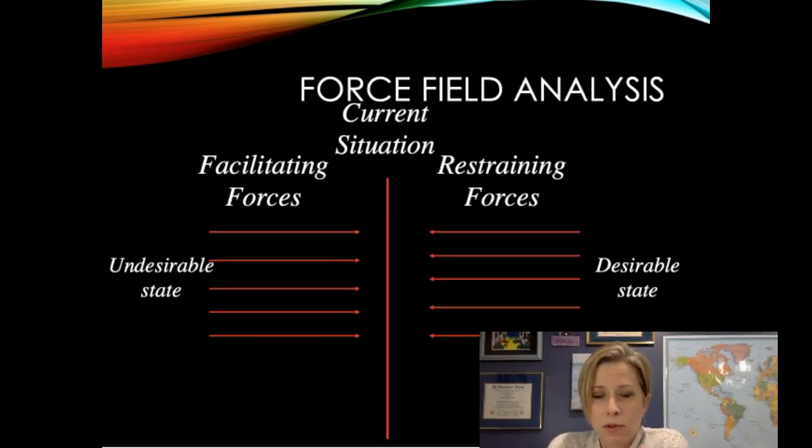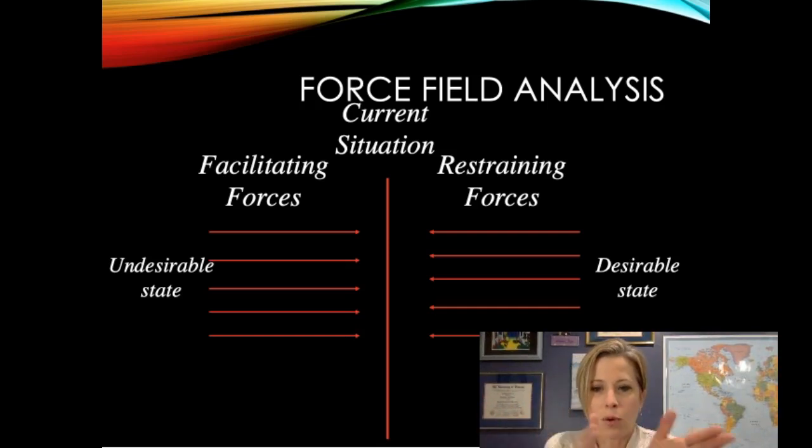Those are helpful, and maybe that's a supportive administrator. Maybe it's new resources that are coming in, maybe our basal reader at the elementary didn't have a strong phonemic component, so we're getting additional resources. Those would be facilitating forces that are taking us to the desirable state. We're solving a problem and we have some heft to go along with getting us there.